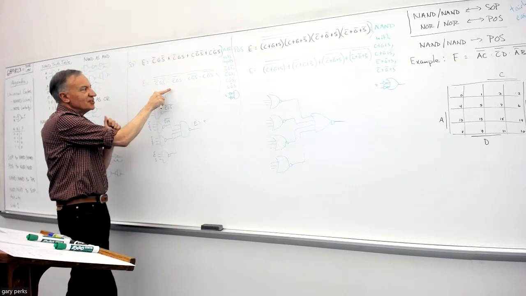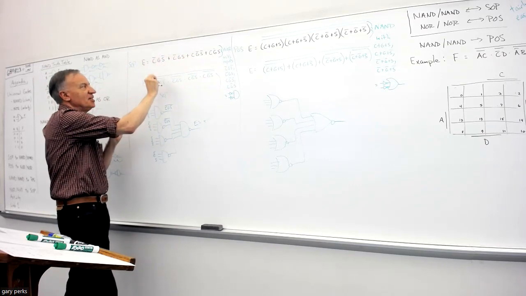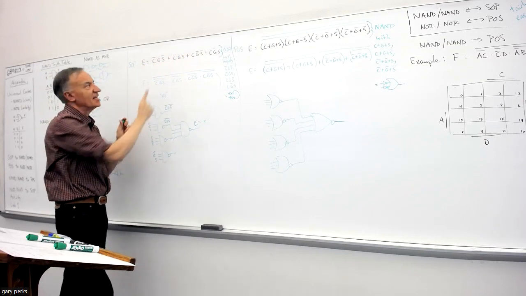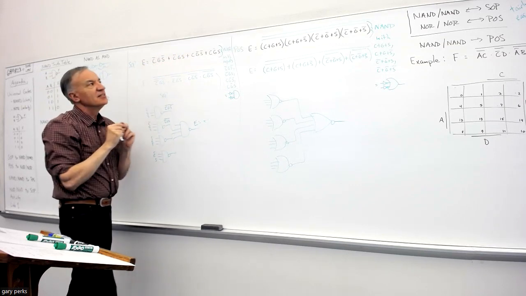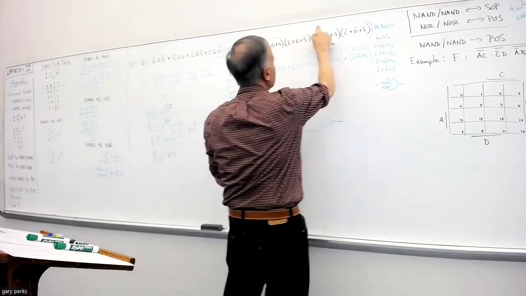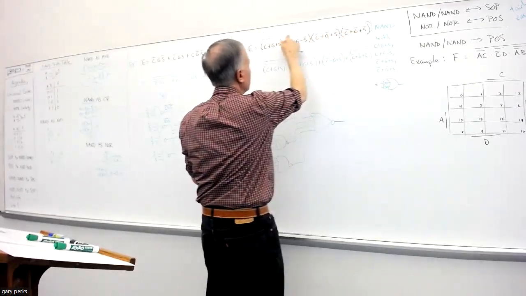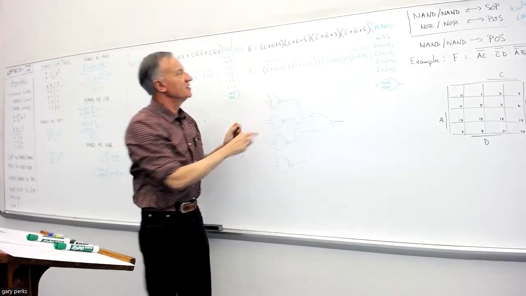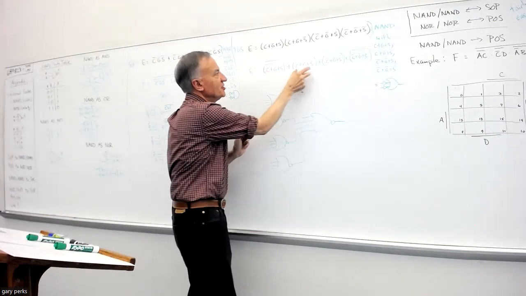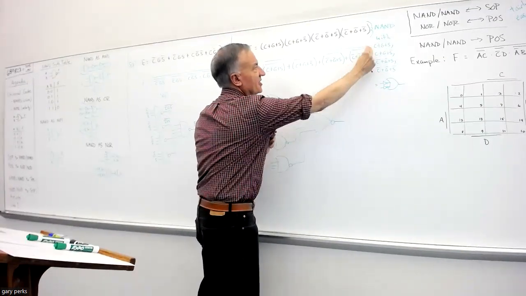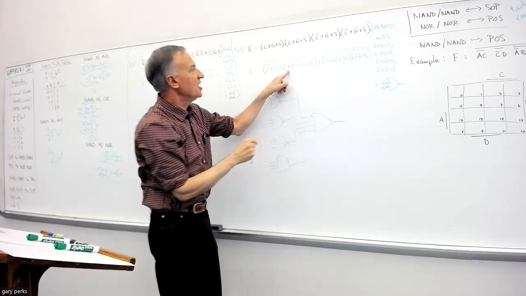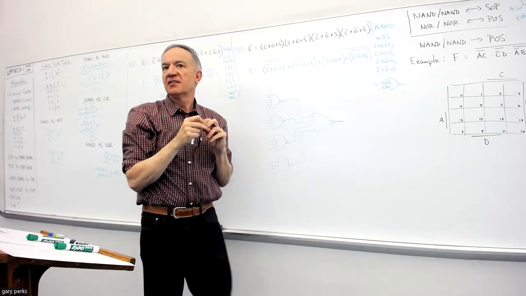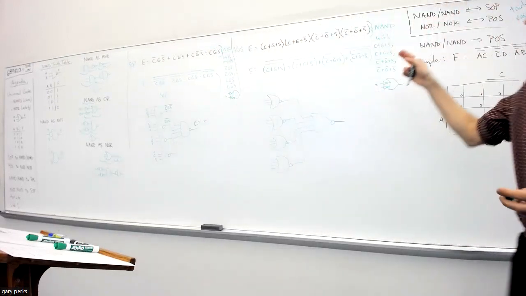So all I have to do to go from NAND to SOP is just get rid of these knots up top and change these ANDs to ORs, and I get my SOP. Likewise over here, to go from NOR to POS, well, here are my terms of my POS. I just got to get rid of the knots and change these ORs to ANDs.